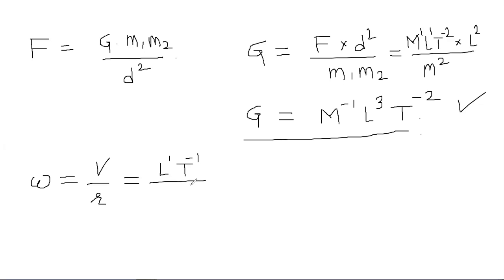So L1 T minus 1 for the velocity. For radius, you again have L1, so your L1 will get cancelled, and finally you will have T raised to power minus 1, right? The same will be for your frequency also, so frequency will also have the same dimension.